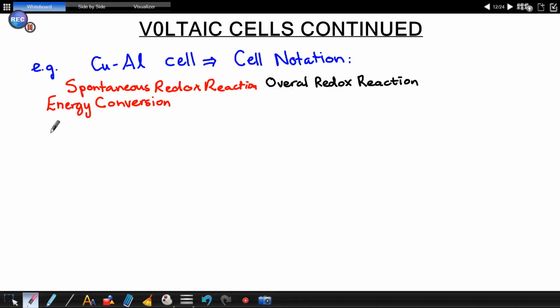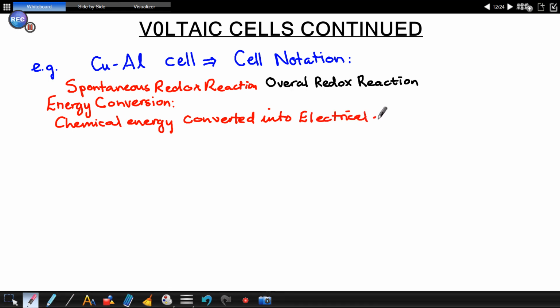So in a voltaic cell, we've got a spontaneous redox reaction, and we have chemical energy converted into electrical energy or electricity. Why is that so?